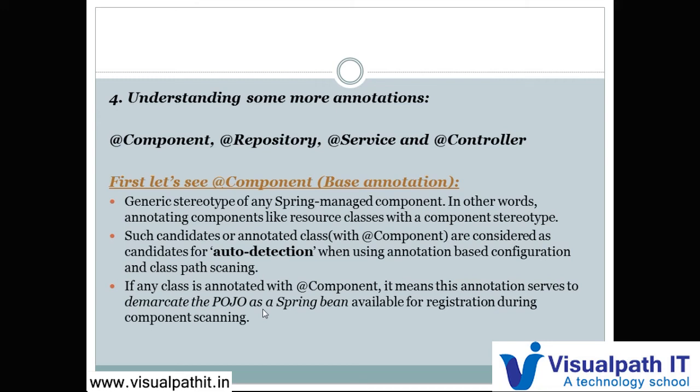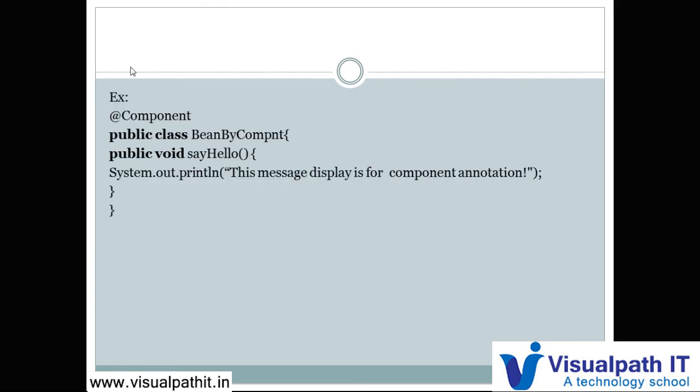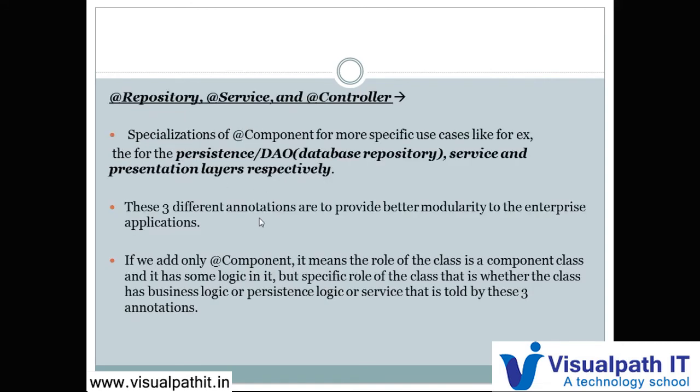If any class is annotated with @Component, the annotation serves to demarcate the POJO as a Spring bean. As I already told you, it exposes it as a Spring bean available for registration during component scanning. So here, in the public class BeanByComponent, this is the method sayHello. This message displays for the component annotation. This is a simple class which is prefixed with @Component. It exposes it as a Spring bean. That is what we need to notice.